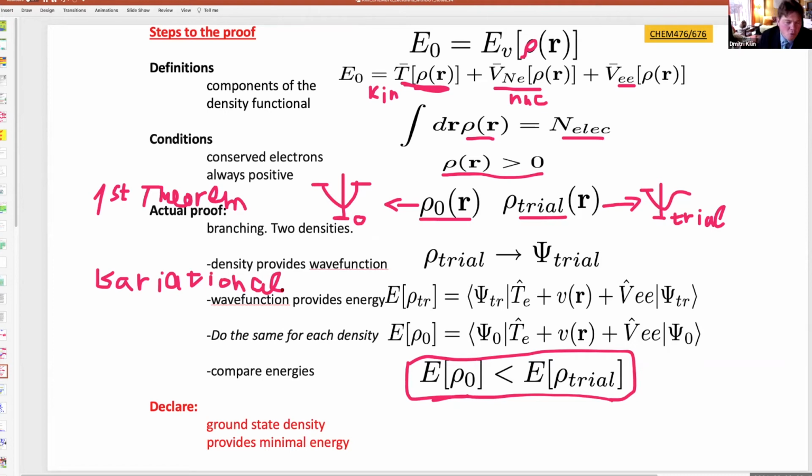So in order to practice the variational principle, we are constructing the Hamiltonian, which is sandwiched between wave functions in a standard way as we do expectation values in quantum theory. And we can do it twice.